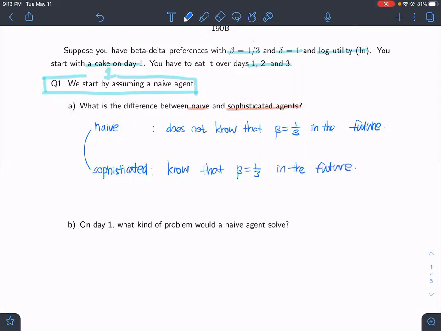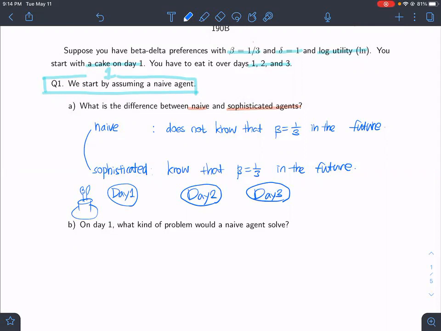If this is not clear, let me give you a diagram as an example. So day 1, day 2, and day 3. You make a choice on day 1 with a cake. This is a cake, and you want to split the cake over 3 days.